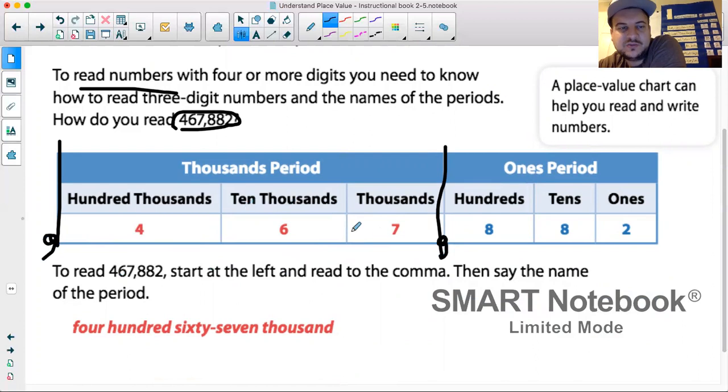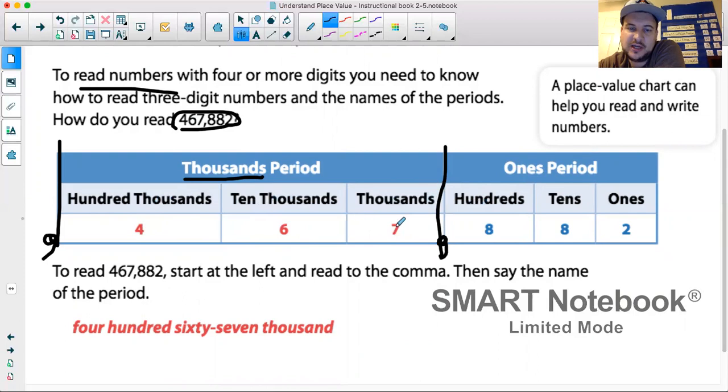One area that kids really get confused on is, when do you say the period's name? So kids will say 4 in the 100,000s, so that's 400,000. 6 10,000s, so that's 60,000. 7,000. So they will say 400,000, 60,000, 7,000. And they're incorrect. That's not how you say the number.